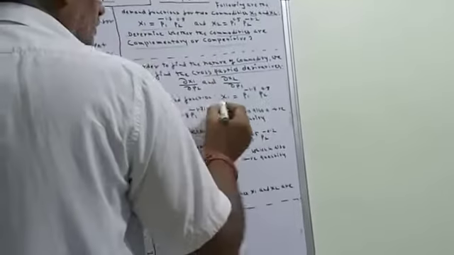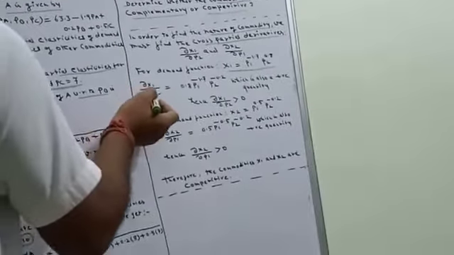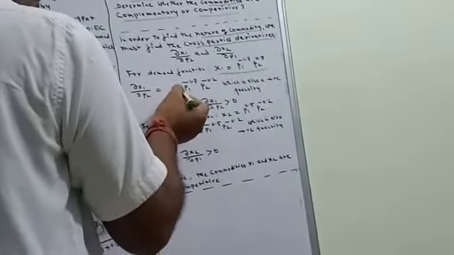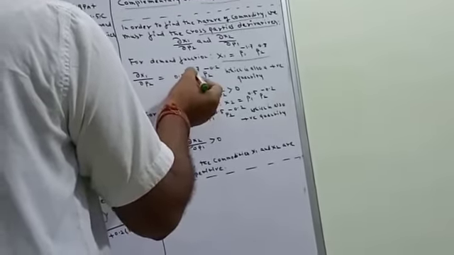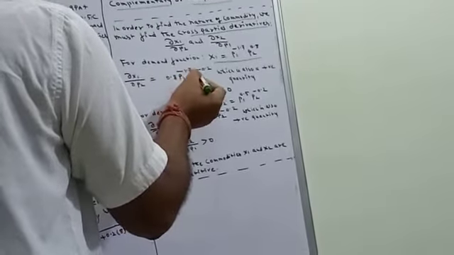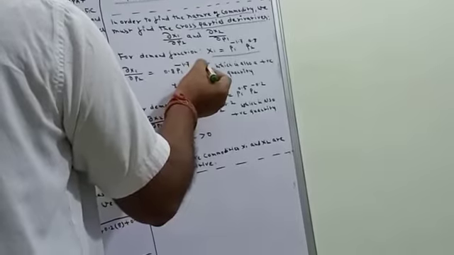Del x1 by del p2 equal to 0.8 P1 to the power minus 1.7, P2 to the power minus 0.2, which is a positive quantity here. Hence, del x1 by del p2 is greater than 0. And for demand function x2, P1 to the power 0.5, P2 to the power minus 0.2, del x2 with respect to P1 equal to 0.5 P1 to the power minus 0.5, P2 to the power minus 0.2, which is also a positive quantity here.